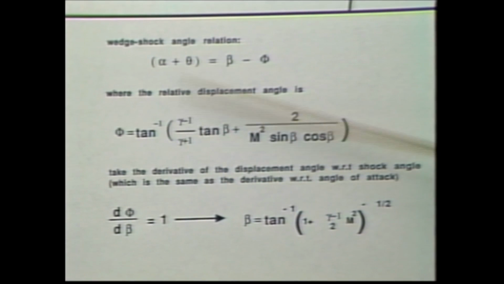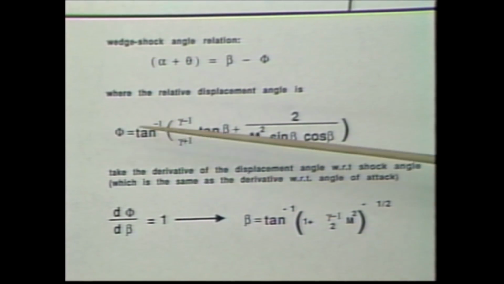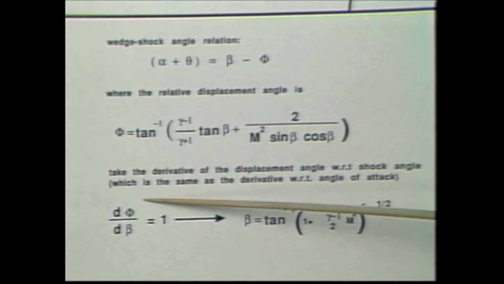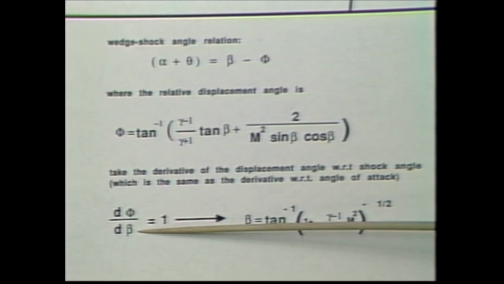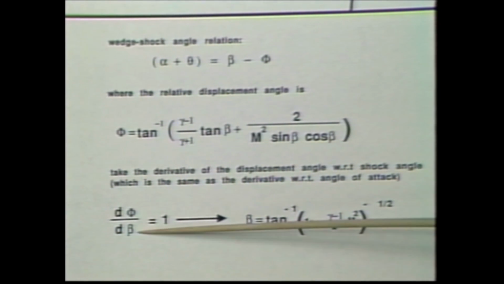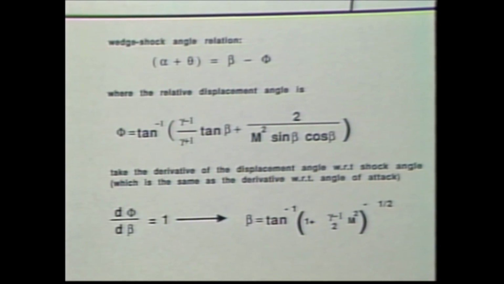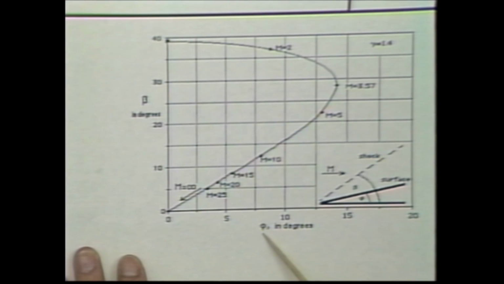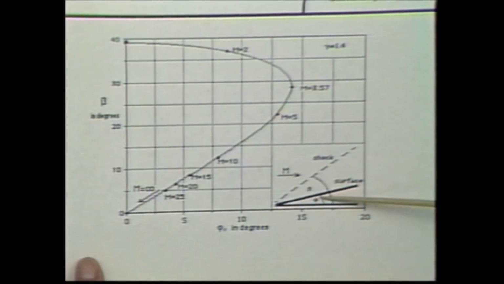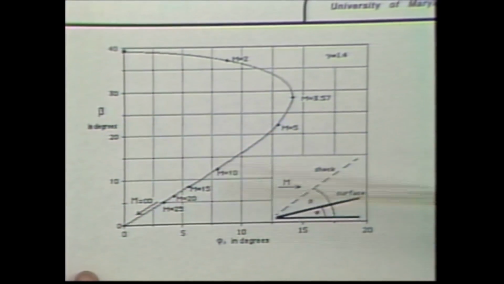I can solve for the relative displacement angle and seek a solution in which that relative displacement angle is insensitive to changes in the angle of the shock or the angle of the surface. When I do that, I can actually plot out and find that I have one fixed surface angle at any Mach number that gives me that condition.